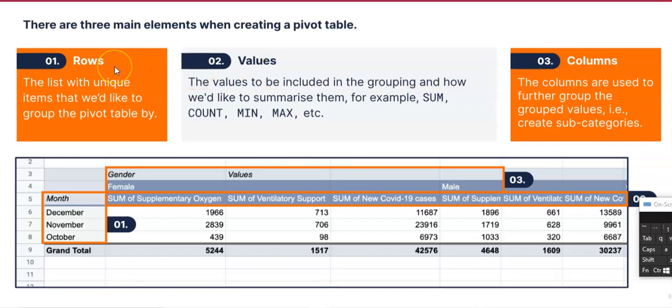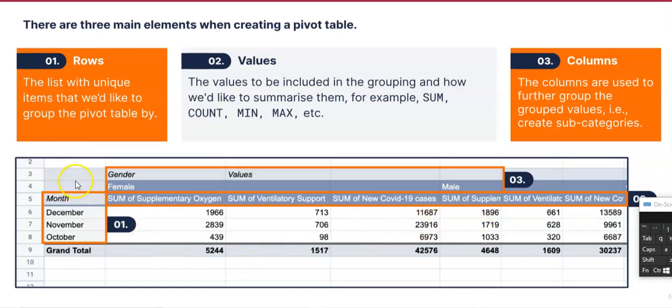One is row, two is value or values, and three is column. What do we use the row for? We use the row to list items that are qualitative, categorical, or string variables that we are going to aggregate and summarize our data against.